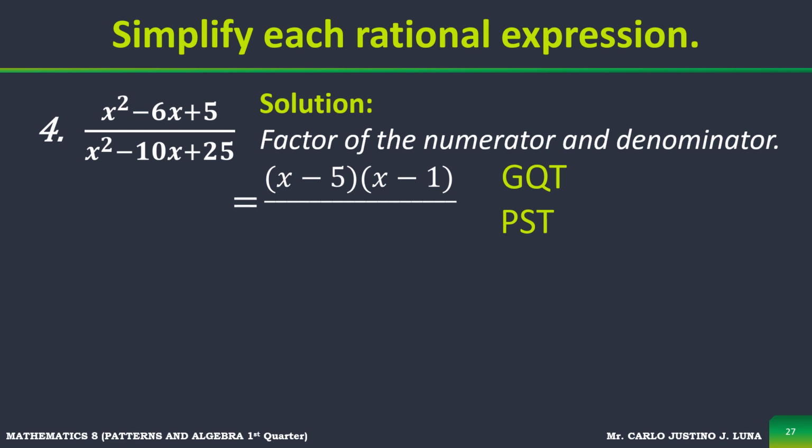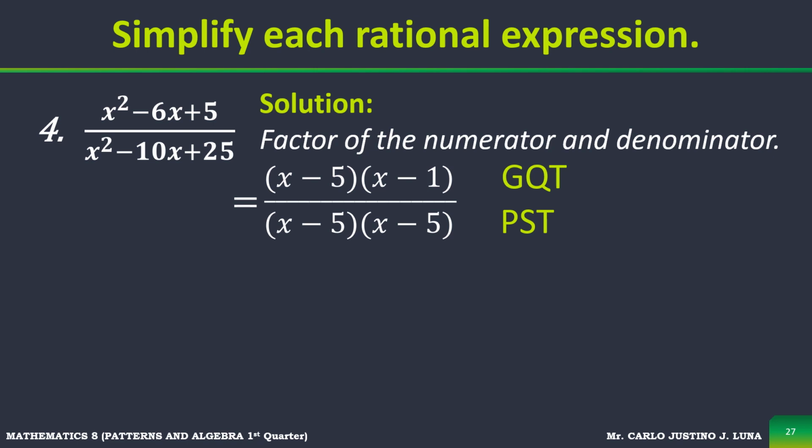The last term is also a perfect square. And the middle term is twice the product of the square root of the first and last terms. Okay, so when you get the factors of our denominator, it will be quantity x minus 5, quantity x minus 5.